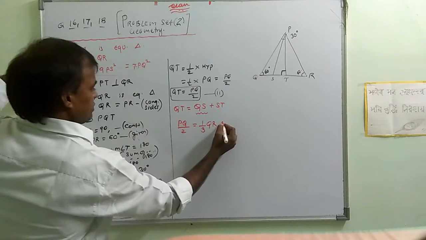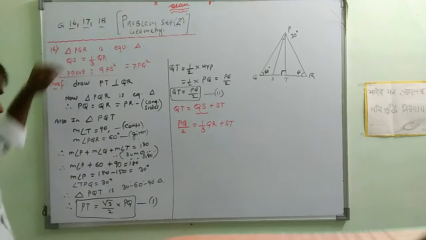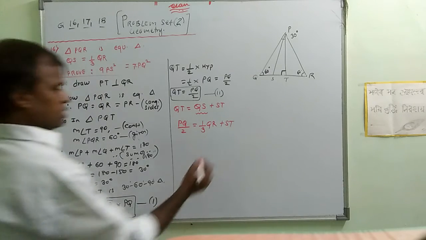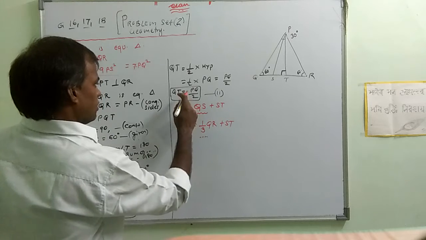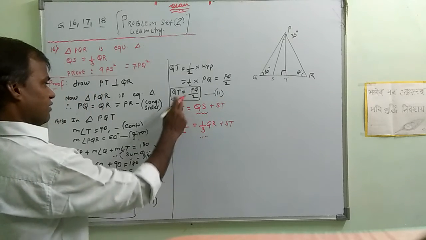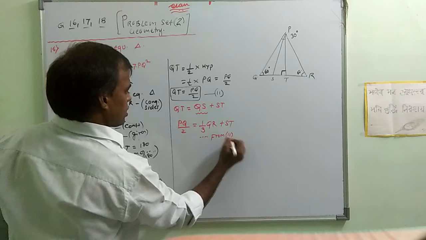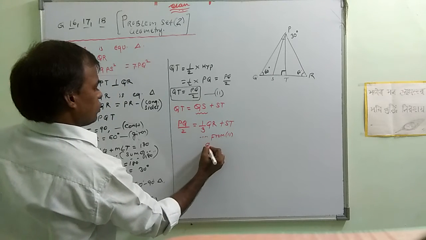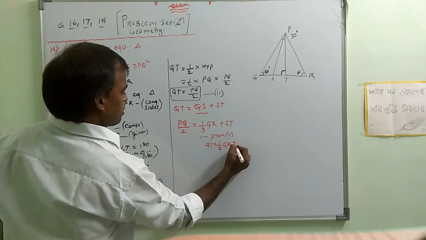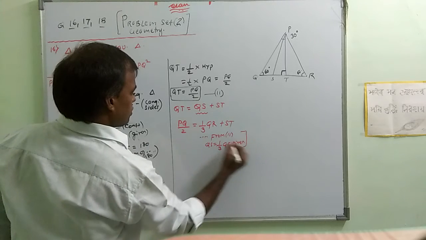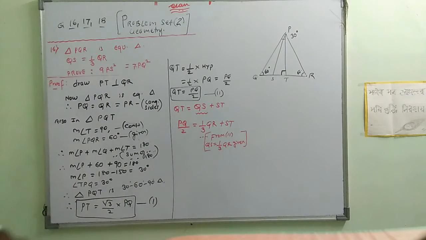Because they have given it. So here we write the reason. In place of QT we have written PQ upon 2. This is from 2. And they have given QS equals 1 upon 3 QR. Given. Okay, this is the reason.